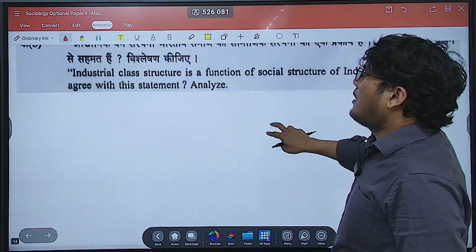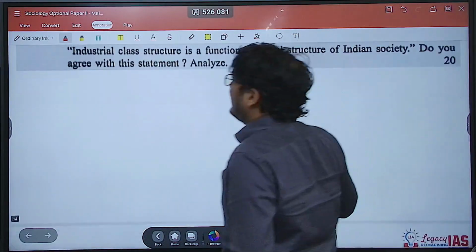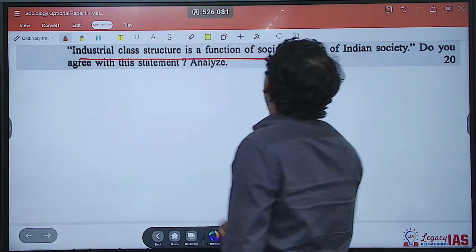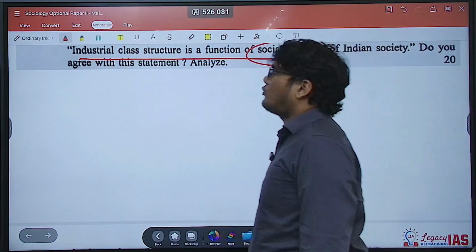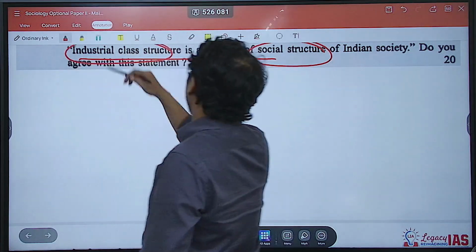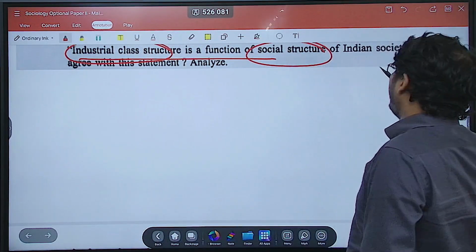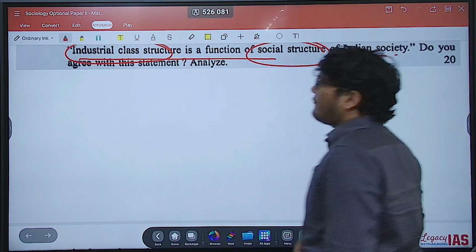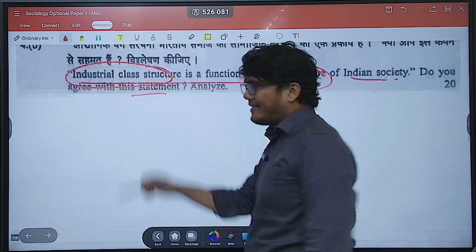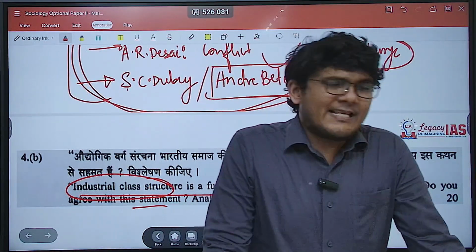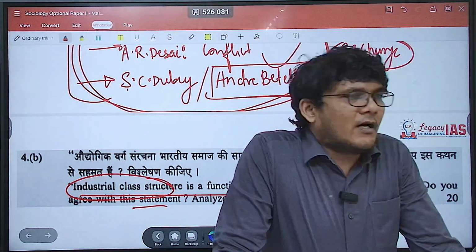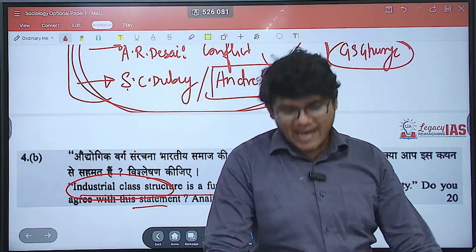Next, industrial question 4.B. Industrial class structure is a function of social structure. So they are saying industrial class structure is a function of social structure of Indian society. Do you agree with this statement? Analyze. So yes, see, in India, the economic status and the social status are interacting with each other.